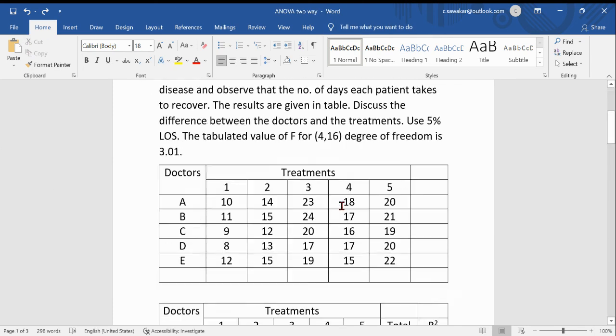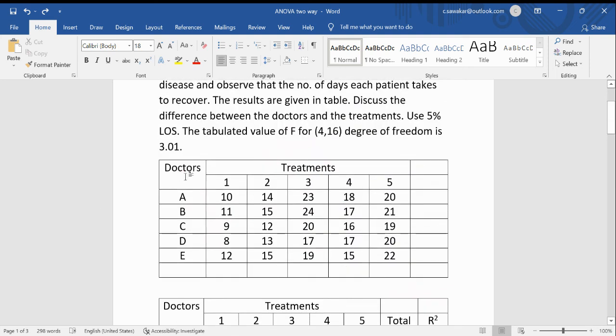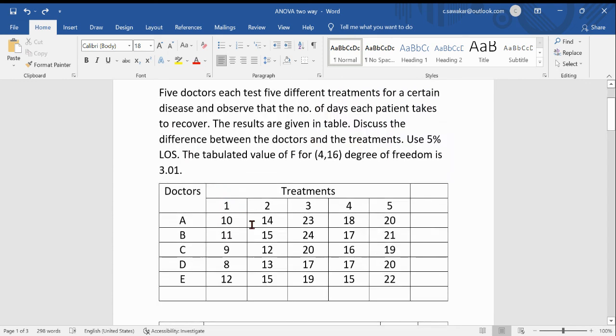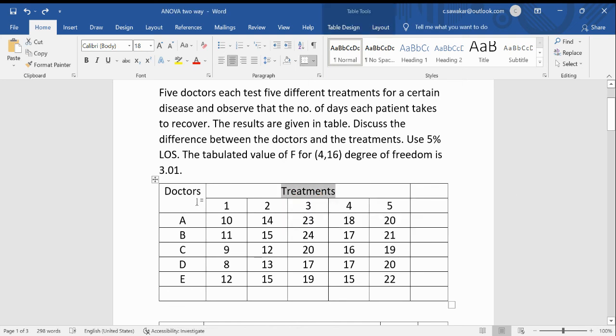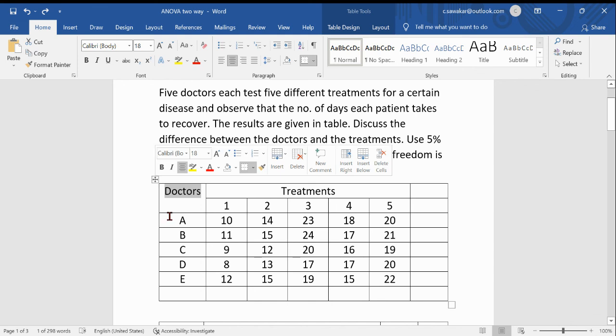Or, as I said, comparing both the factors using ANOVA, one-way ANOVA can also be done.